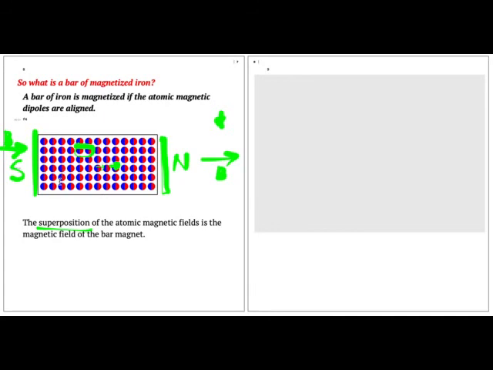The superposition of all those magnetic fields is the magnetic field of the bar magnet, and it will have field pointing away from the right-hand side and field pointing into the left-hand side. And that makes it a dipole with the north pole to the right and the south pole to the left.